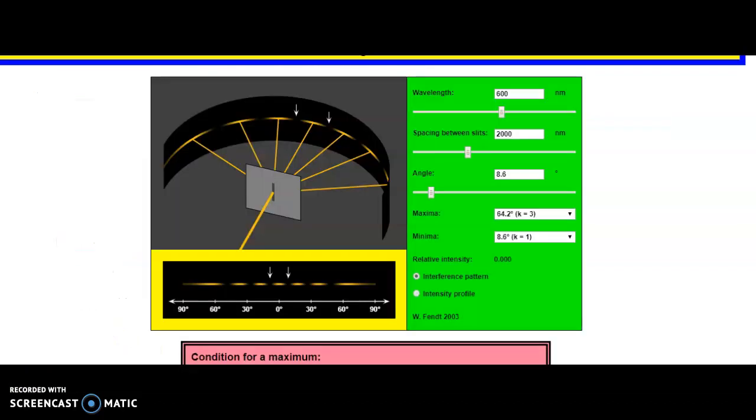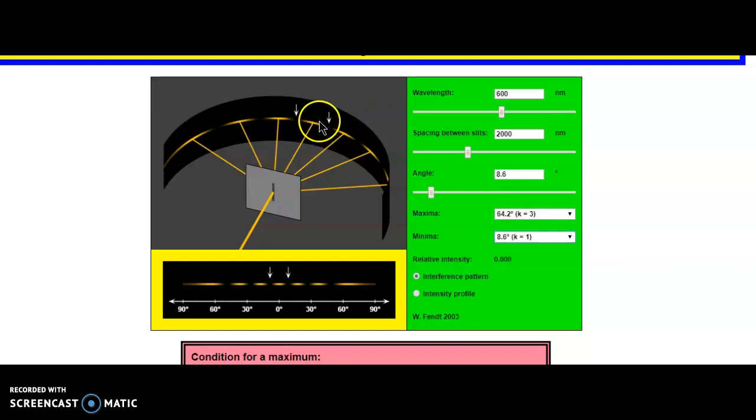Again, under the same conditions, we have wavelength 600, spacing 2000 nanometers, and now we are asking about the first minima. 8.6 we already calculated, as you see in our solutions. The second minima is 26.7 degrees. Here the first minima, let me just explain.